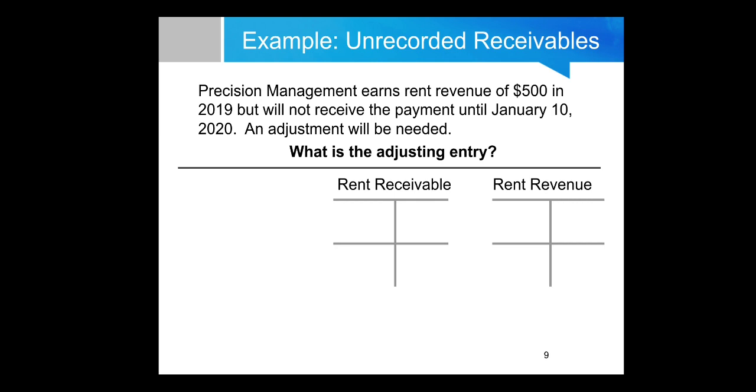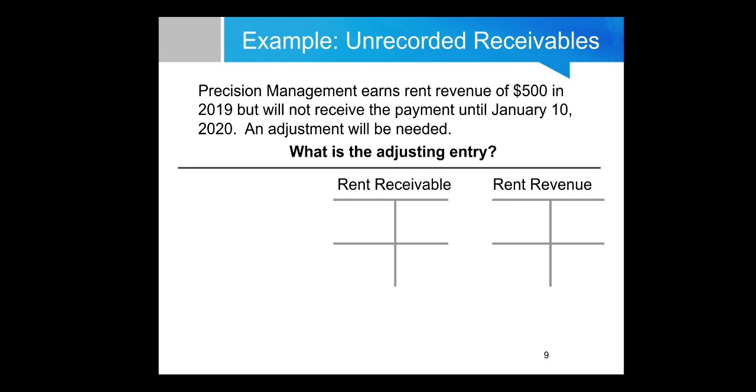An adjustment will be needed. Okay, the situation is like this. Precision Management closes its account at 31st of December. Remember, in accounting, a business has to close its account at least once a year. So for this business, the business will close its account at 31st of December 2019.